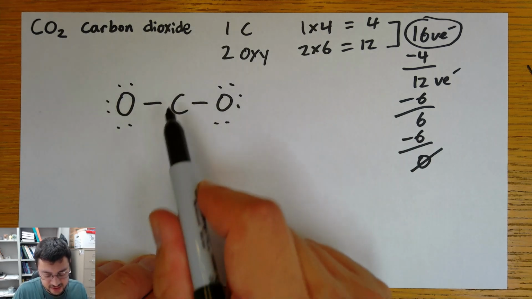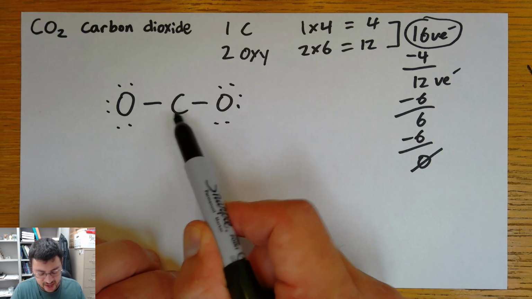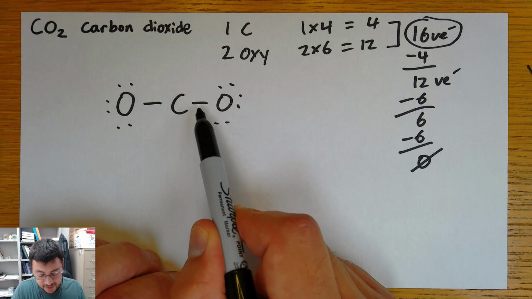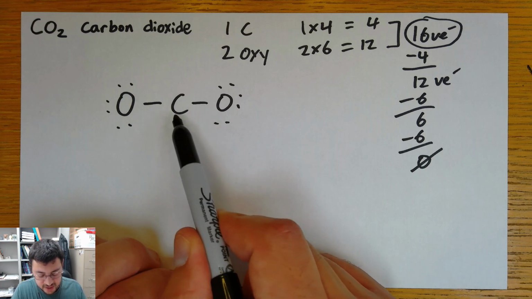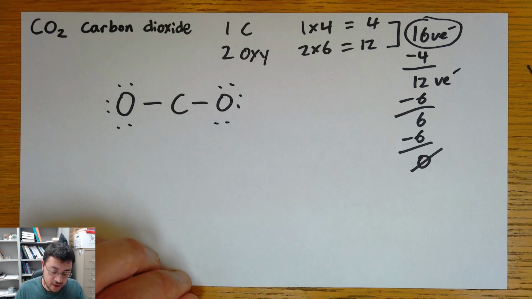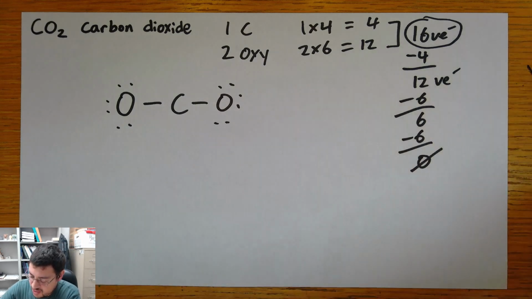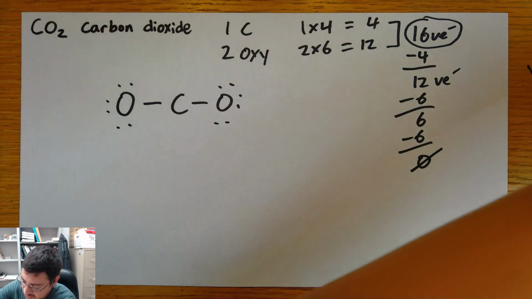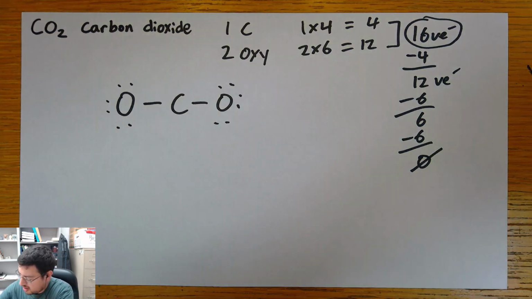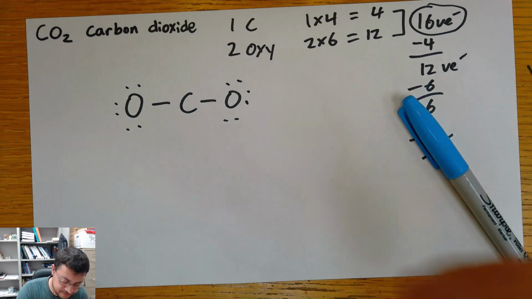Oxygens are happy. The central carbon is not. Central carbon needs 4 more. It has 4 currently, 2 and 4, but it needs 4 more. So we're going to need to donate 2 lone pairs to this central carbon. Nature in this situation will favor symmetry. So rather than taking 2 lone pairs from the same outer oxygen, I'm going to do 1 from each side.